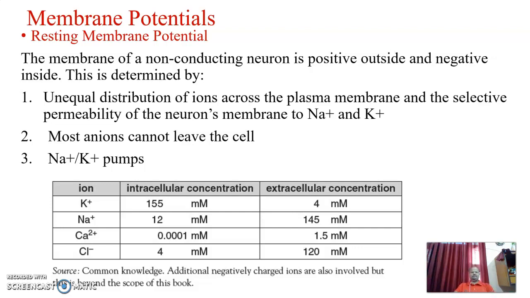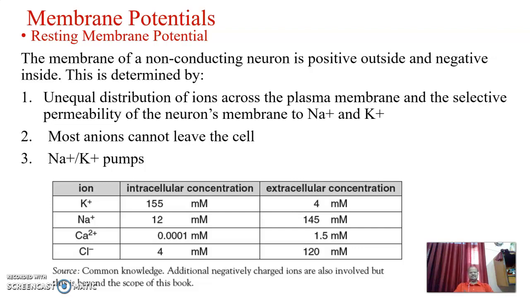Apart from that, in the outside environment there are sodium, calcium and chloride ions, and in the inside environment there are potassium and phosphate ions, in the cytosolic environment of the cell. Most of these ions contribute to the development of membrane potential.